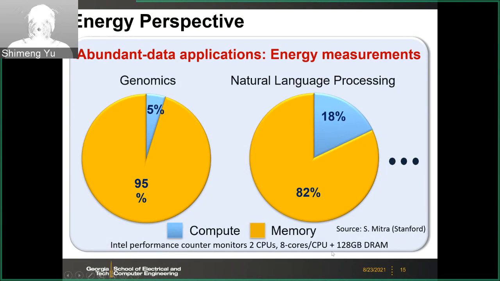You can see that most of the energy is spent on memory access. In this case, their system has 2 CPUs, each with 8 cores, and 128 gigabytes of DRAM. So most of the energy is spent on the DRAM access instead of the processor. So from the system perspective, memory is the bottleneck of today's systems in terms of energy efficiency.